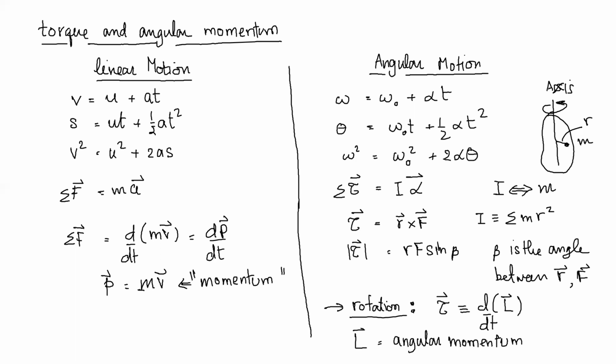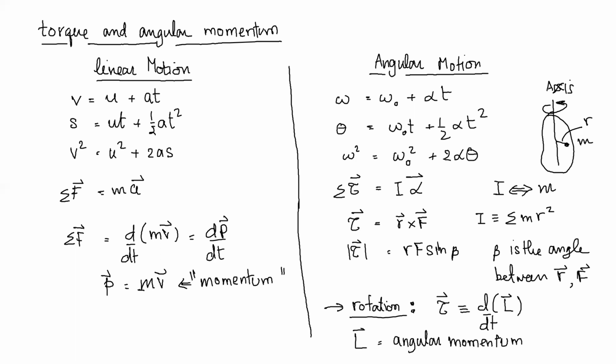By definition, torque is r cross F, with a magnitude of rF sin beta, where beta is the angle between r and F. So we have one extra term on the linear side, which is the momentum.